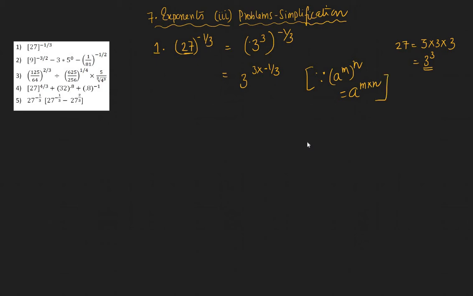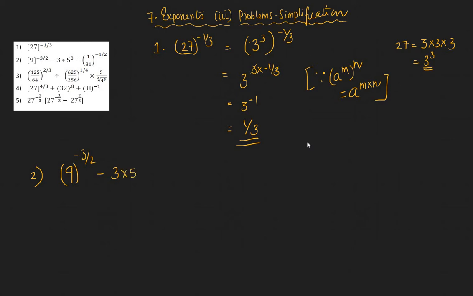So you have 3 and 3 getting cancelled, and that'll be 3 power minus 1, or in other words you have 1 by 3 as your answer, right? So that's quite straightforward. Let's do the next one, and I will get you started with this, and then maybe you could pause the video and try it yourself.